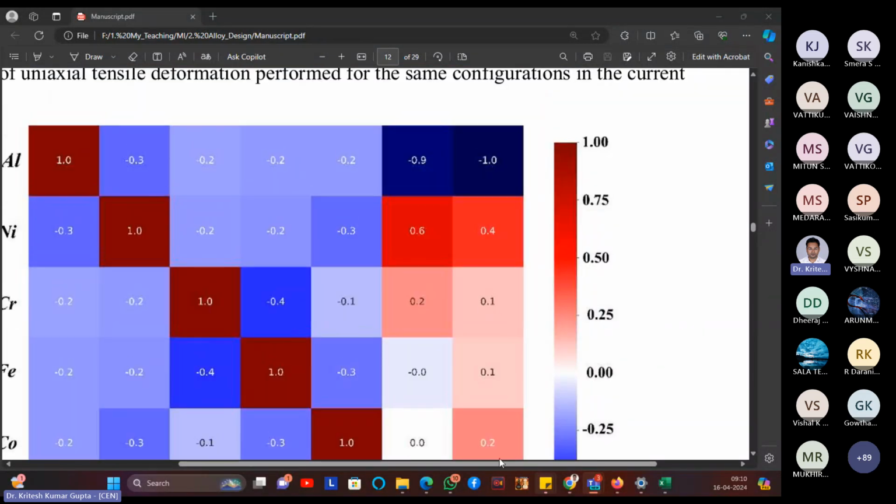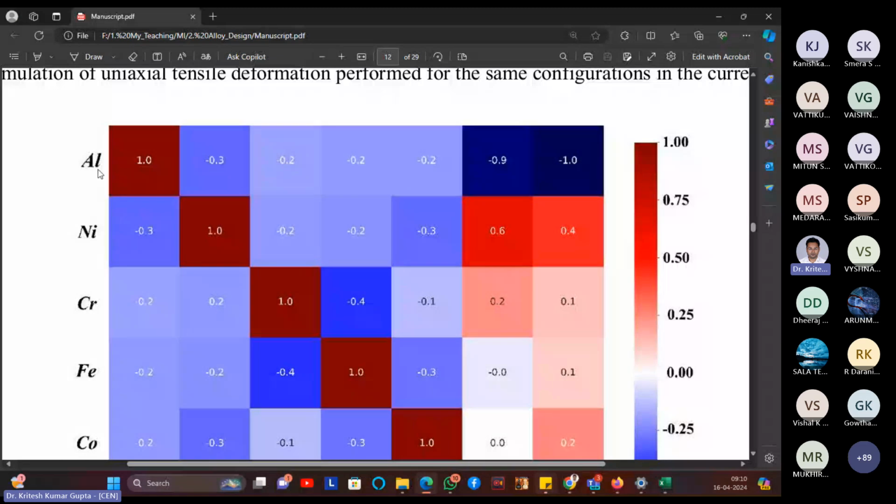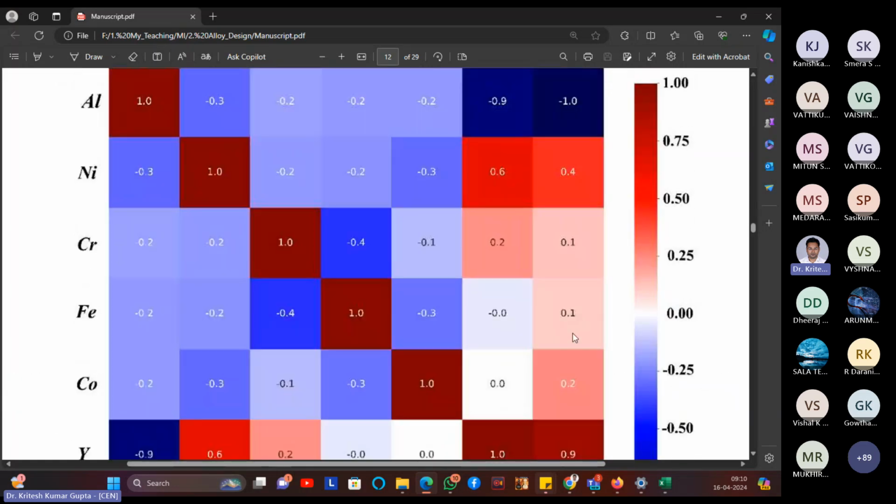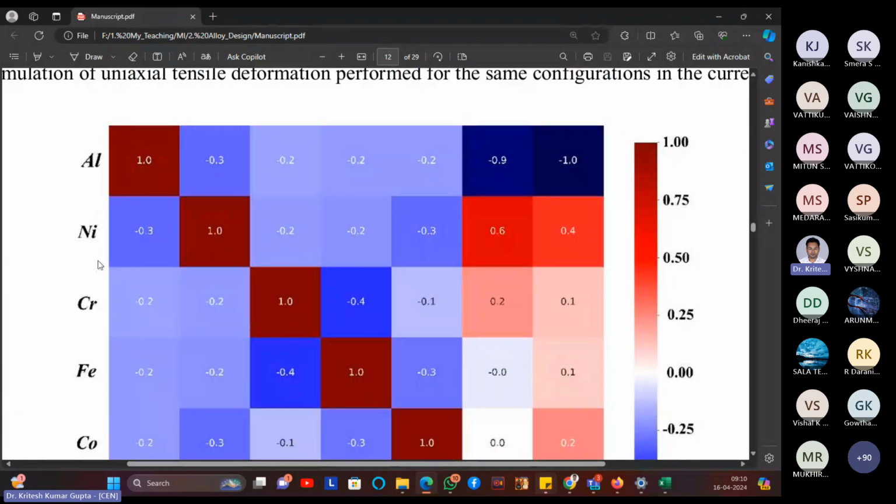So if aluminum increases, the stiffness of the alloy will decrease, and density will decrease. Whereas for nickel concentration, we have a somewhat positive influence on stiffness and density. If nickel concentration increases, the responses are bound to increase.